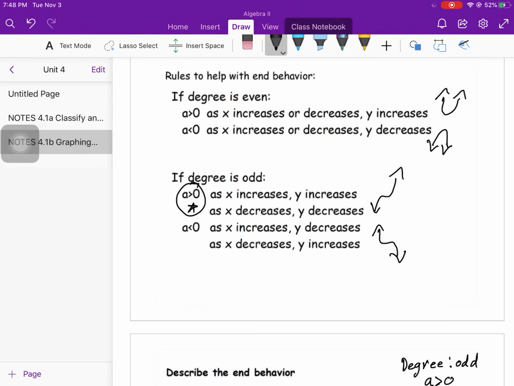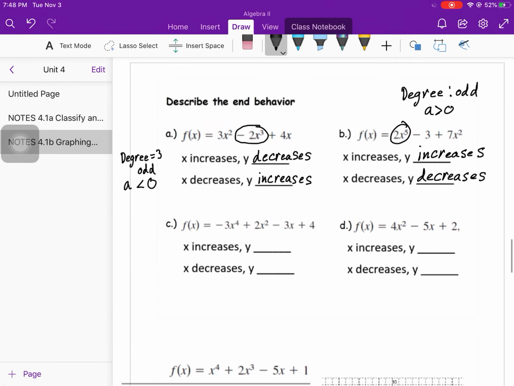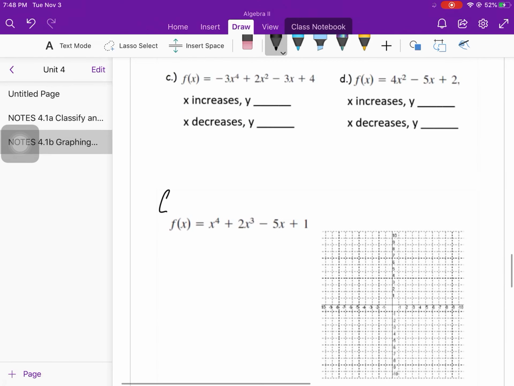So now we actually have to use this pattern right here. So as x increases, y increases. And as x decreases, y decreases. Okay, so now you're going to try C and D and see how that goes for you.